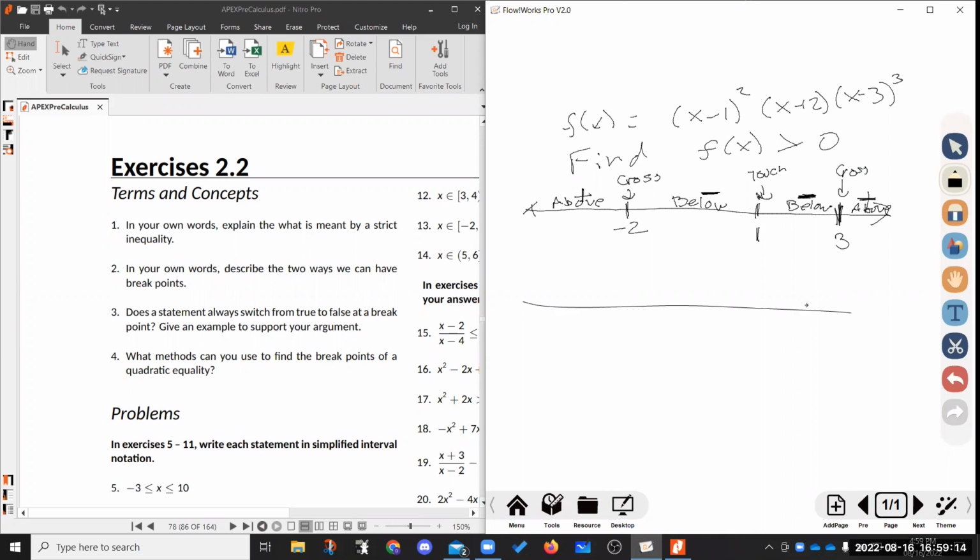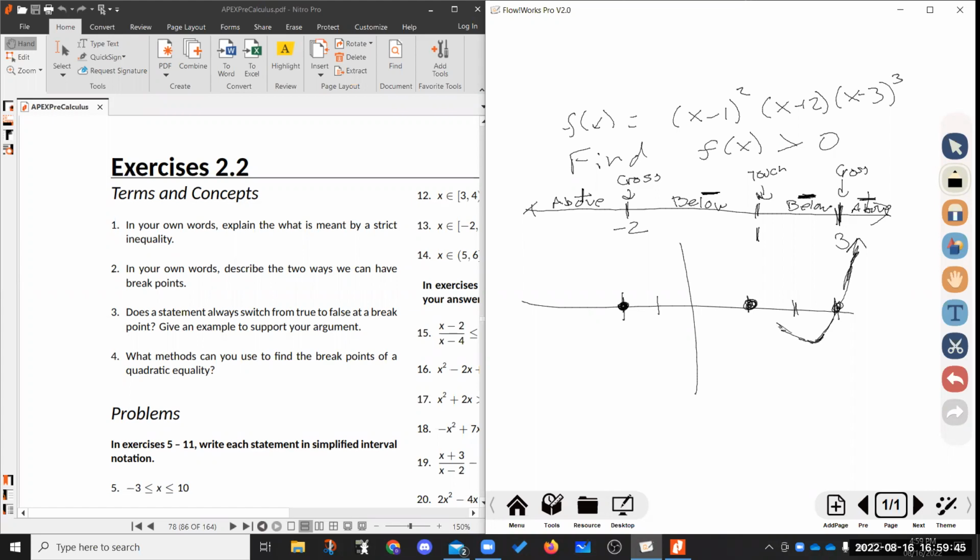So I can't tell you exactly what this graph looks like, but it's something like this. -2, 1, and 3 are my zeros. I'm above the x-axis over here. Then I'm below the x-axis.